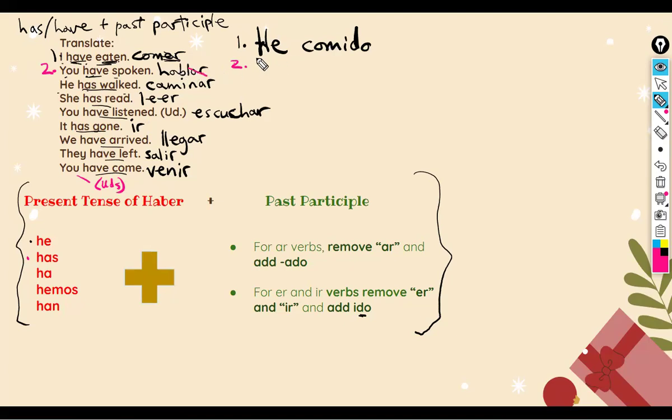Hablar, we take off the AR and we add ADO, so has hablado. Now it's very important to also remember these tenses for listening comprehension, because you don't hear the H. H is silent. So sometimes when you're listening, you have to know that's the tense in order to make sense of what is being said, right?